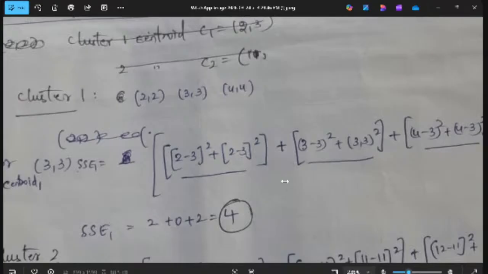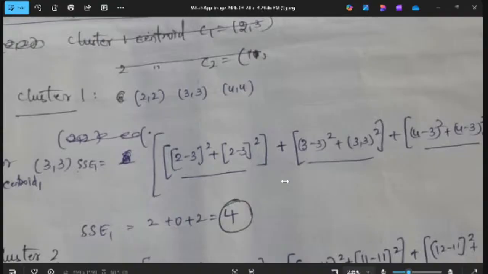Look here. The formula is (x minus mu) whole square. Here these are the cluster 1 elements. What is the mu value? (3, 3).